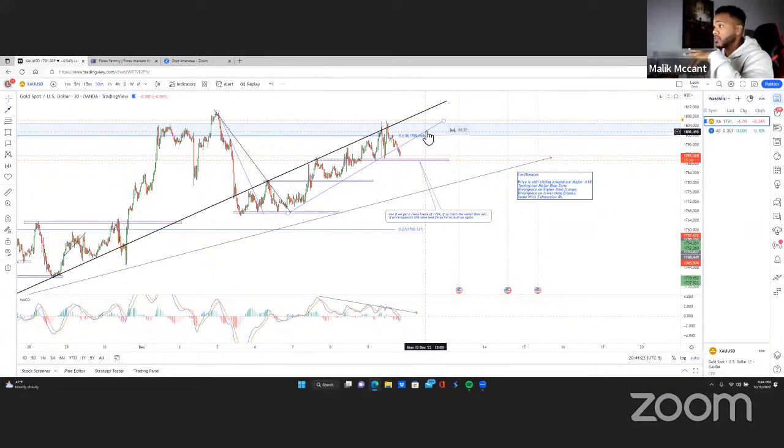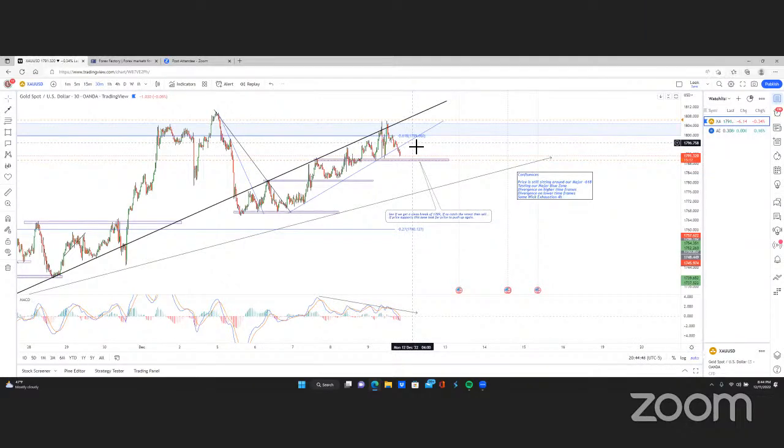You could take it up to the blue line, but we're going to have to wait and see. In order to take this buy, you're going to want to see wick exhaustion and some kind of minor structure, bullish candles come into play. Okay, all right, thank you. No problem.